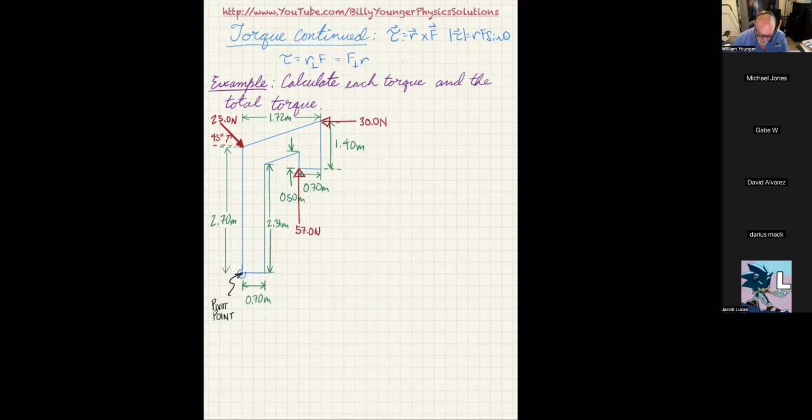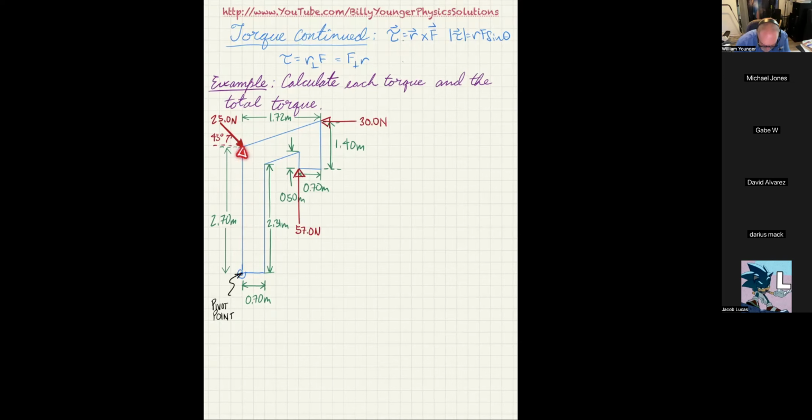So I thought I'd show you in this example exactly what the lever arm is and then show you how to do calculations. The lever arm is always a vector that goes from the axis of rotation, i.e. the pivot point, to the point of application of the force. So for this particular force, the 25 Newton one, the lever arm is this vector right here.